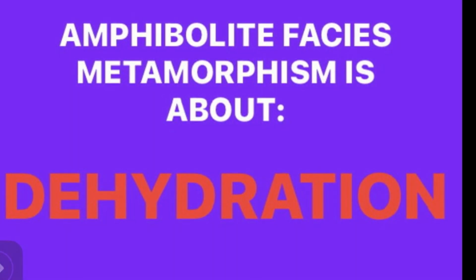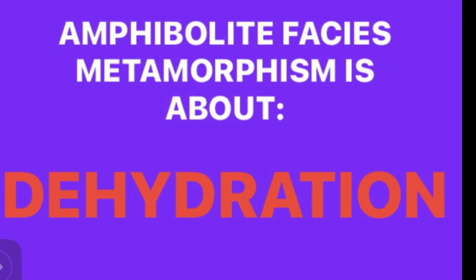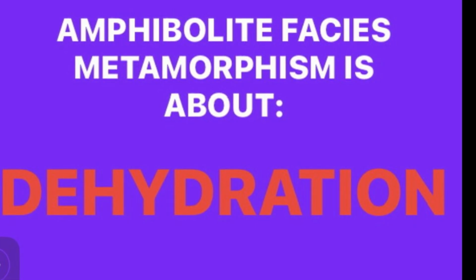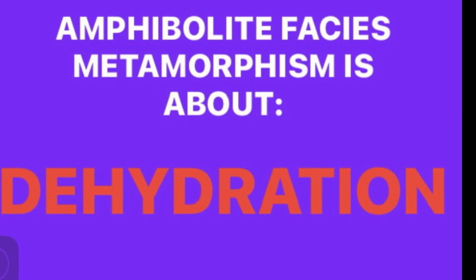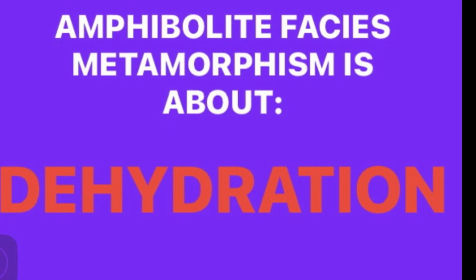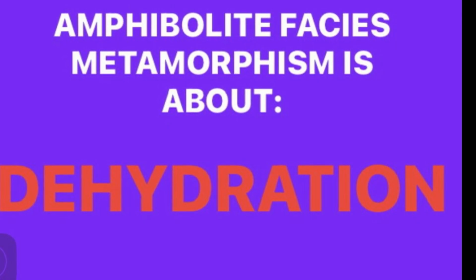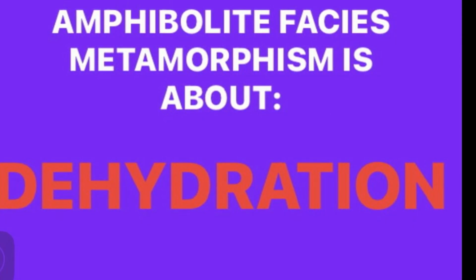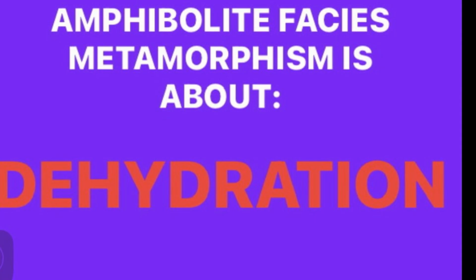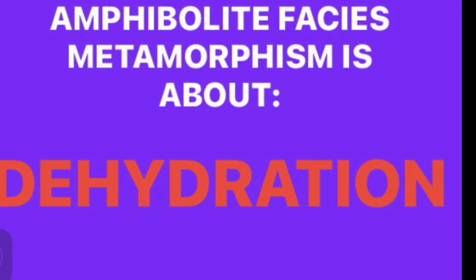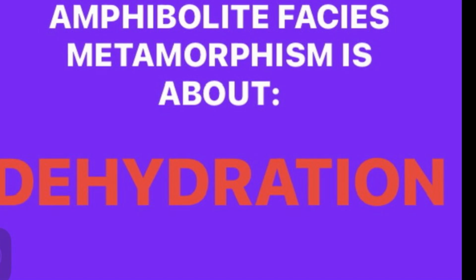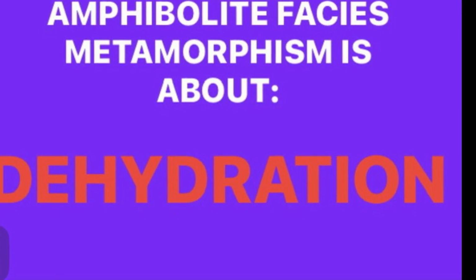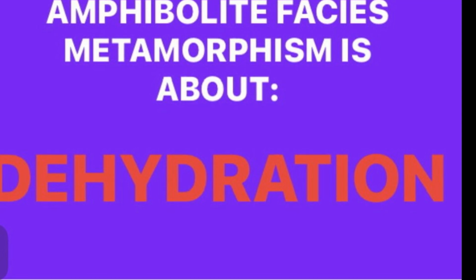Amphibolite facies metamorphism really has two stages, so to speak, or sub-stages. First is a kind of a semi-stable transition stage where hydration stops and dehydration begins. But I'm going to characterize Amphibolite grade or facies metamorphism as dehydration, because once temperature and pressures reach the upper levels of Amphibolite facies, you get some interesting changes in the minerals that are characteristic of Amphibolite facies metamorphism.